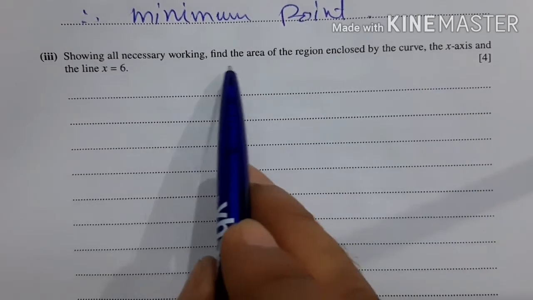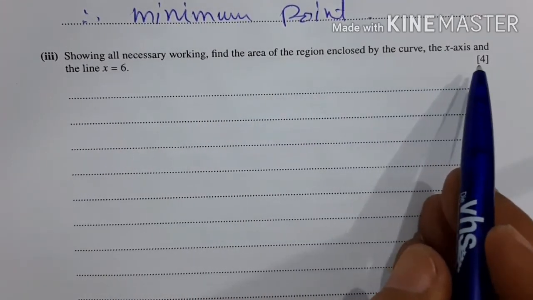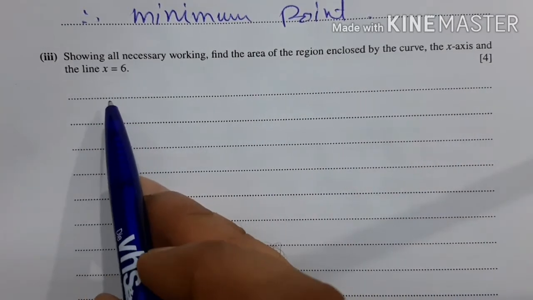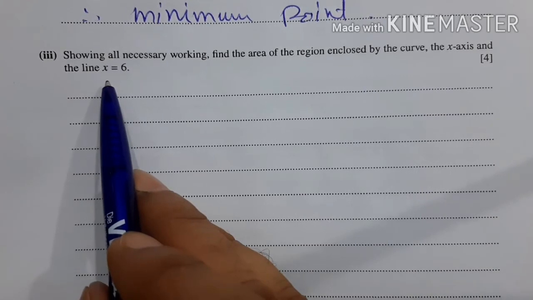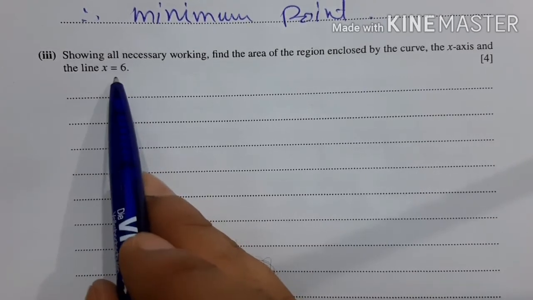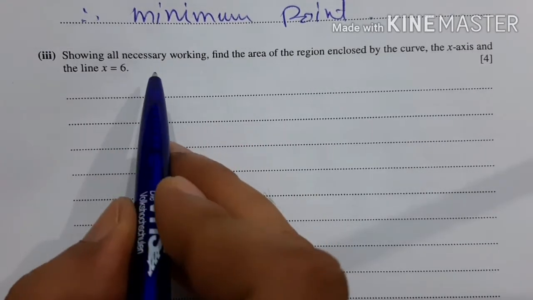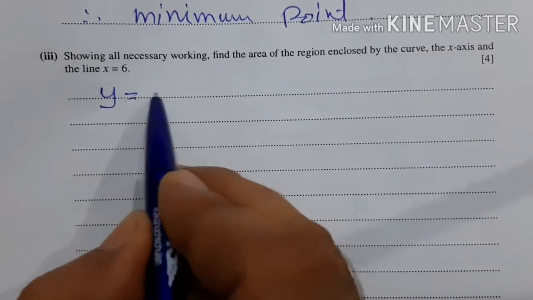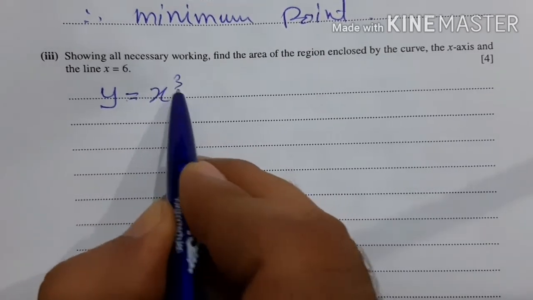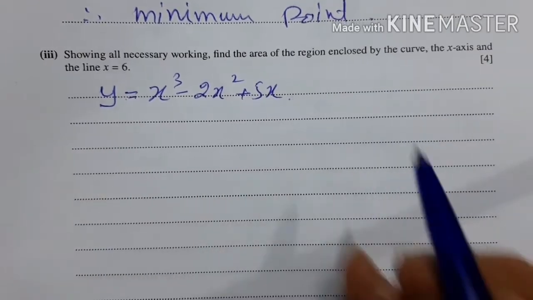Showing all necessary working, find the area of the region enclosed by the curve and the x-axis and the line x equal to 6. It means there are two limits, from the origin to 6. We need to find the area under the curve. So we know the curve's value is y equals x cube minus 2x square plus 5x.